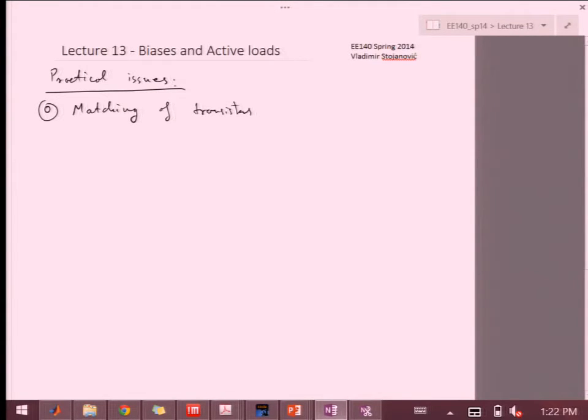We were relying on the fact that the diode device in the current mirror, which is the reference device, and the output one are nicely matched. So we looked at the issues in W and L and replicated. But even if you replicate the device identically, you have geometry variations, line edge roughness, and random dopant fluctuations, so threshold will move around. So these transistors are not going to be exactly the same.